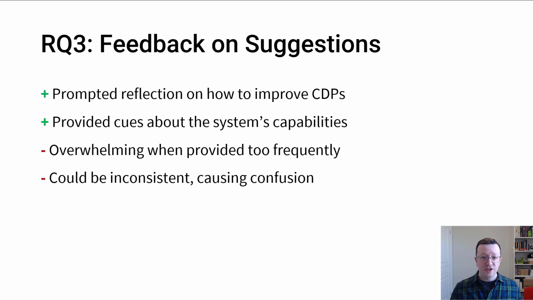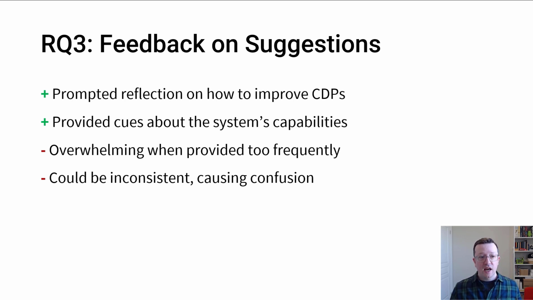To our third question on the suggestions provided by the system, participants highlighted both positives and negatives to this feature. On the positive side, they expressed that the suggestions prompted reflection on how to improve their CDPs, which was the point of the suggestions, and provided cues about the system's capabilities, which wasn't something we built in explicitly, but it shows an opportunity there.